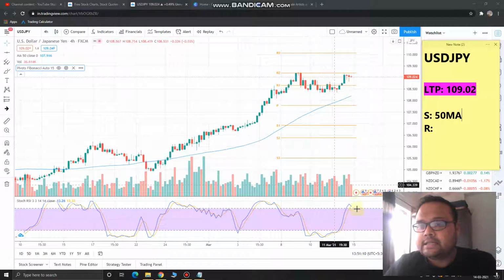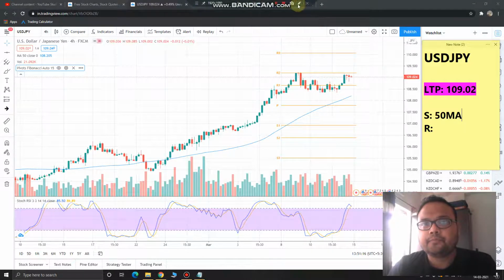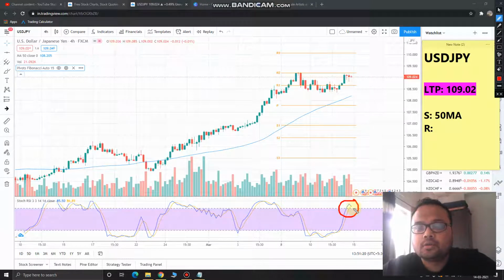You can see that as of now the market is in the overbought zone, so eventually the market will come down. Then just observe where the price is. When the market comes down to the oversold zone, just see where the price is.